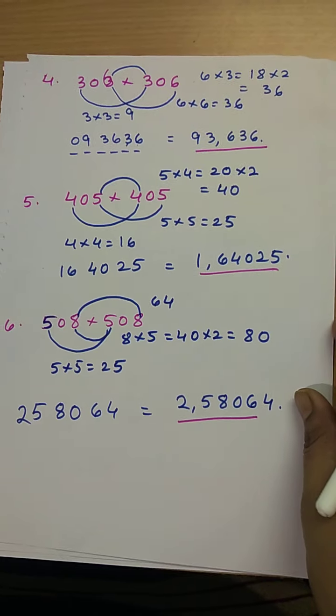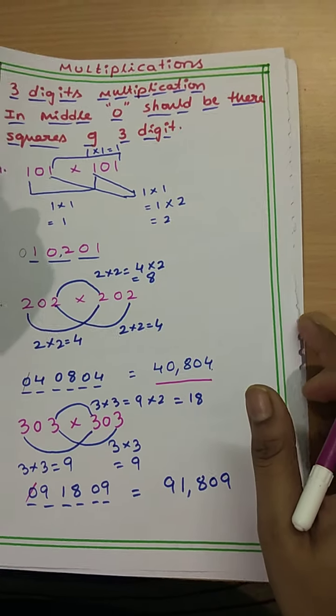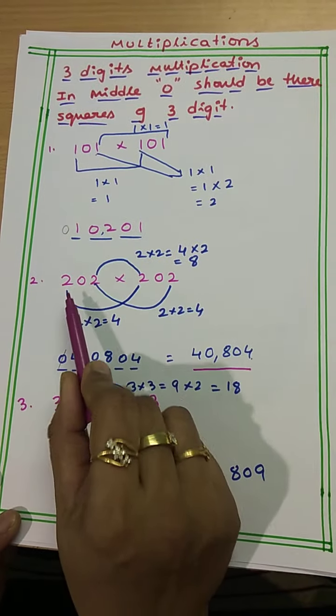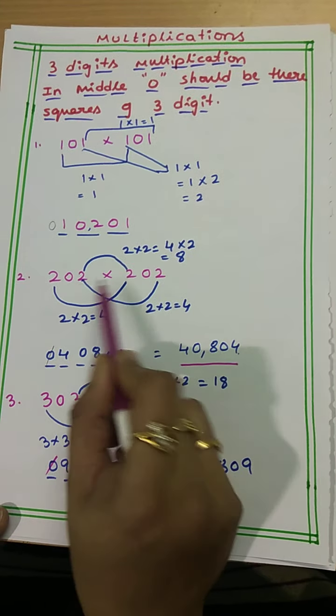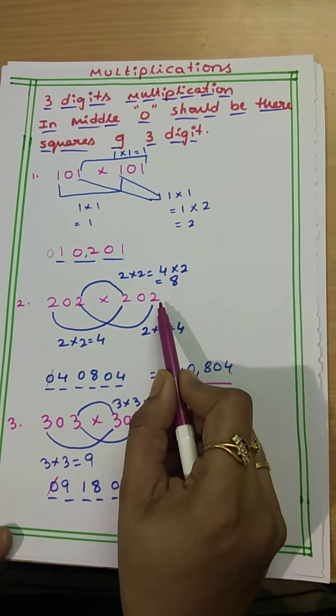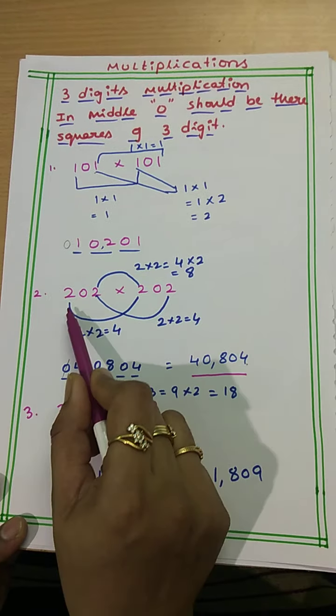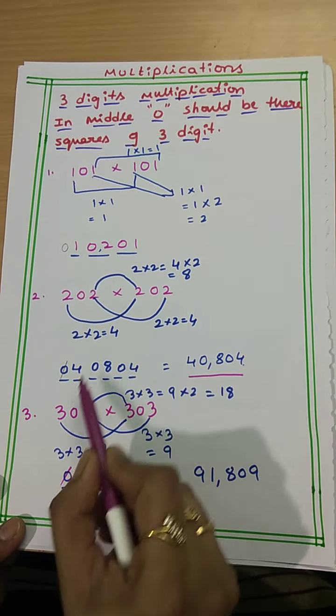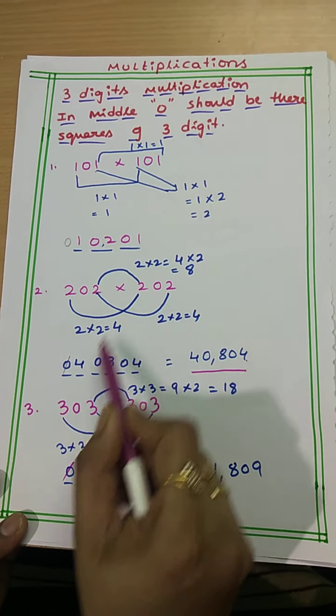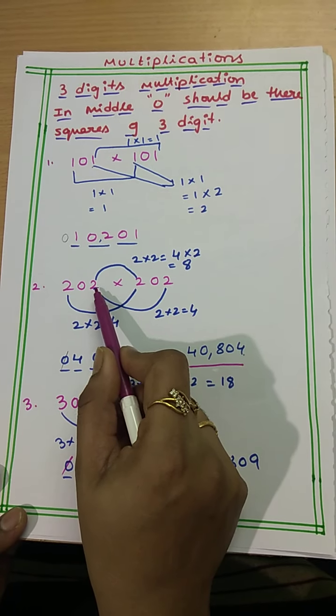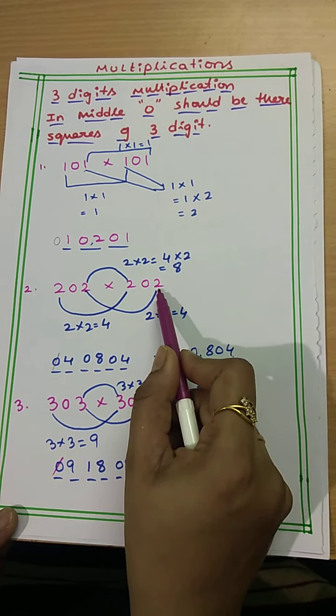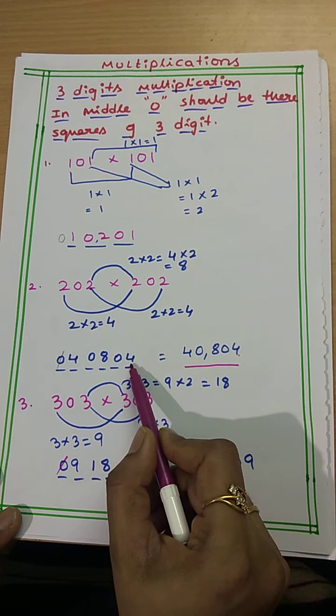First we need to multiply the first digits of each number. After that, the last digits of each number. First we write the multiplication of the first digits; here 2 into 2 is equal to 4. After that, the last digits' multiplication, 2 into 2, is equal to 4.